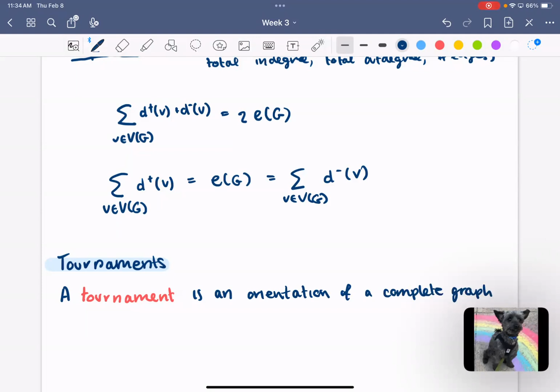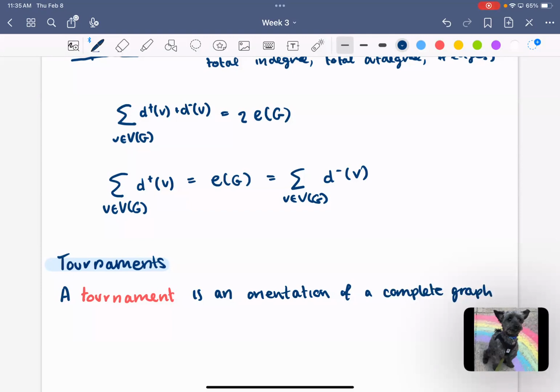The reason it's called that is that it's supposed to model the following scenario. If you had a bunch of teams and every team plays every other team, and in every game there's a winner, then for every edge you'd be able to draw an arrow according to which team won. And then the resulting oriented complete graph tells you something about who is the winner potentially.